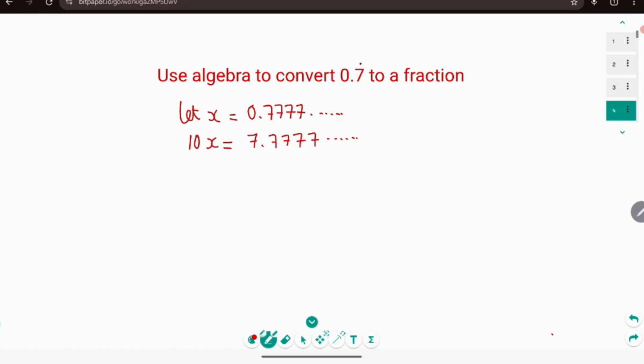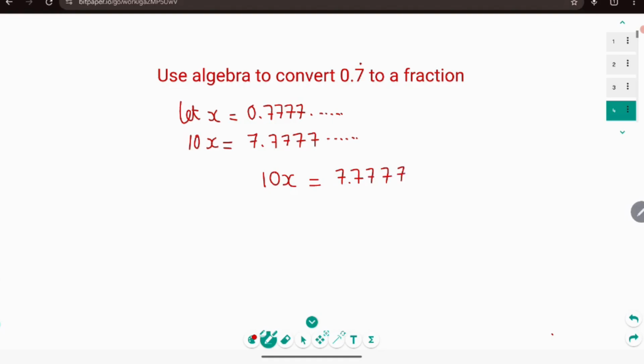Okay, next step. This is really important that you don't skip any steps here. Try not to do any shortcuts, and you get used to setting it out in a certain way. We're going to write 10x at the top. Always write the multiplied form at the top. And then we're always going to write the x underneath.